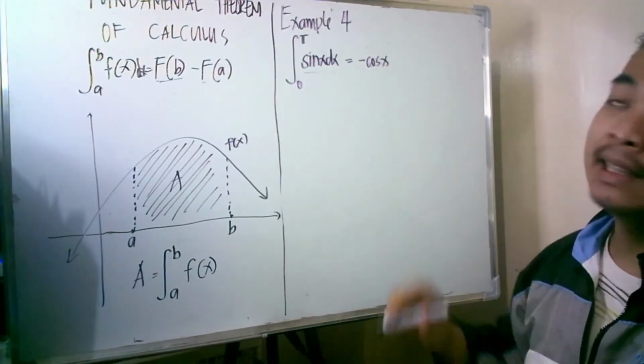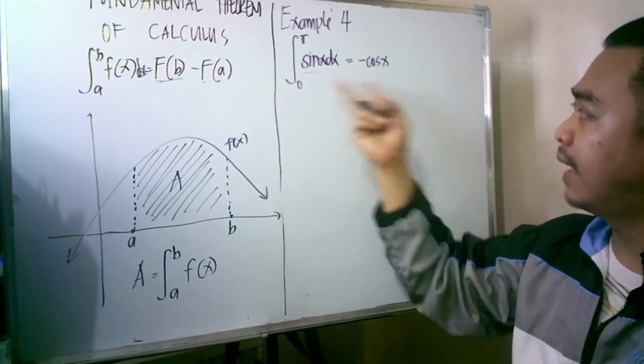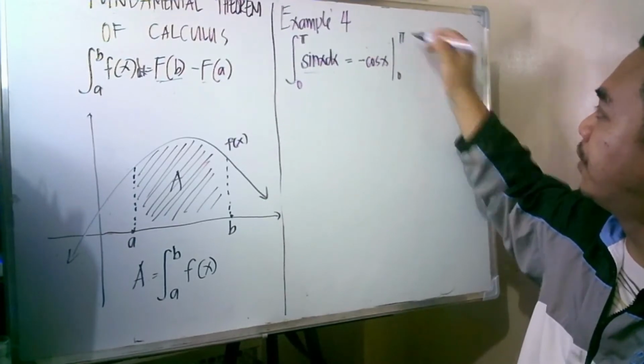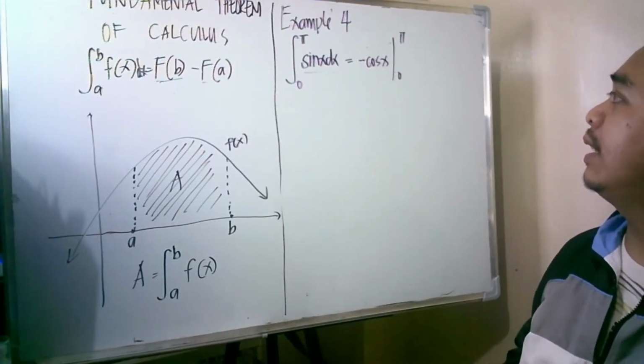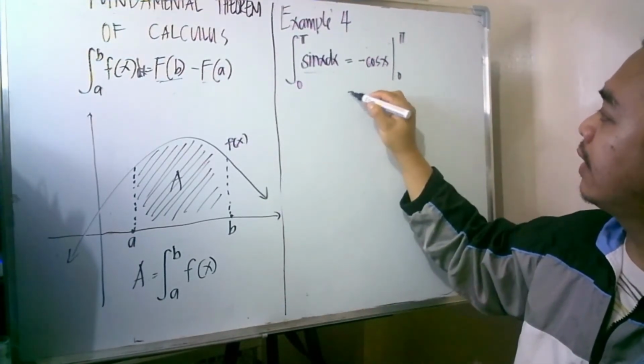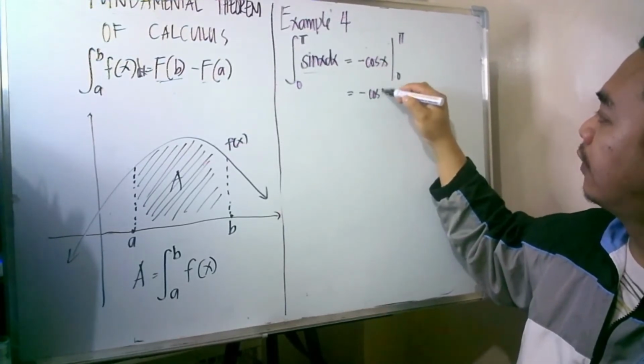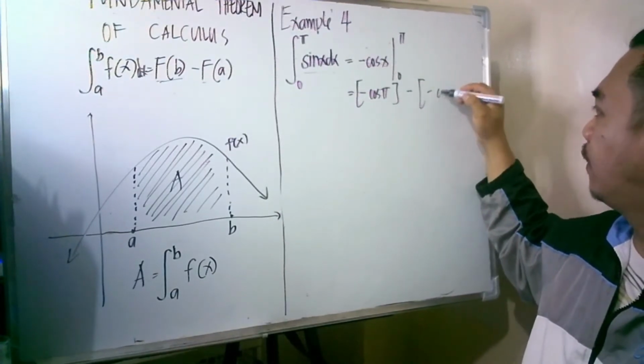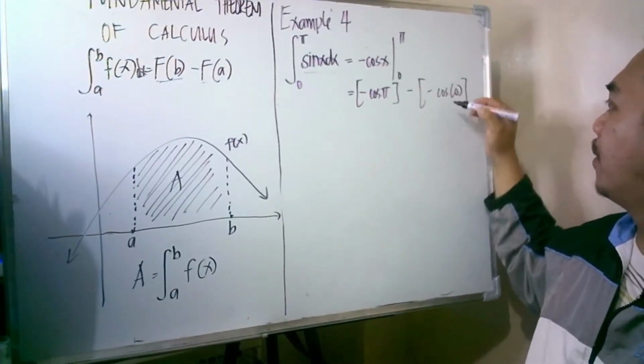Pero kapag integral, negative cosine x. Tama. From 0 to pi. Adi ano na yan? Evaluation na tayo agad. Negative cosine of pi, that's f of b, minus negative cosine of 0.